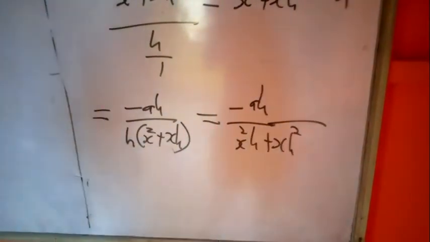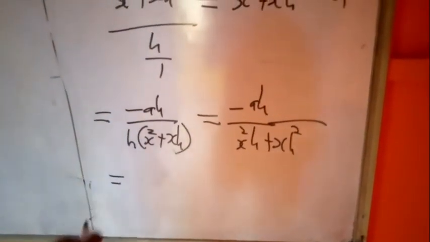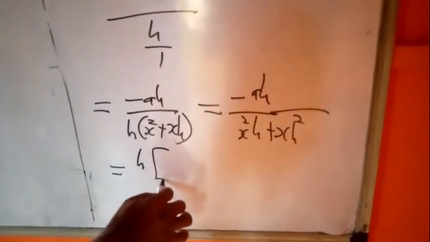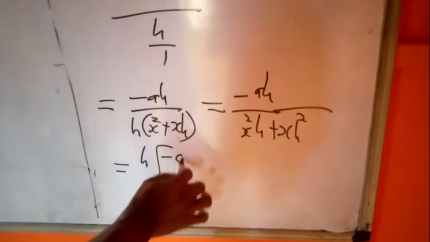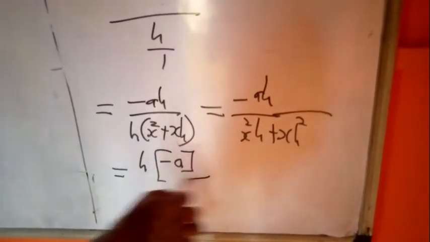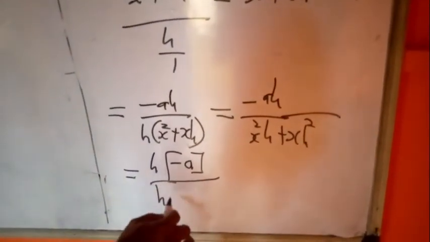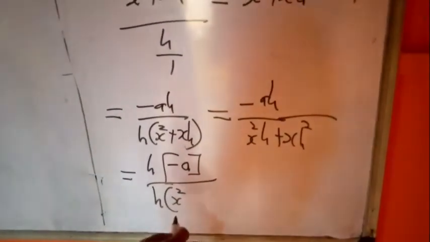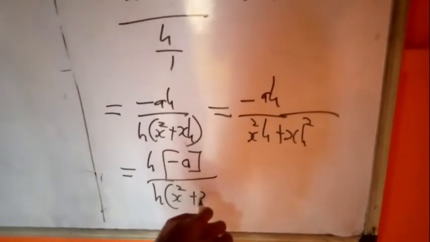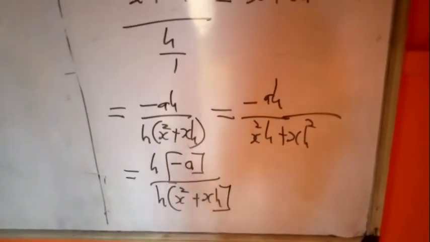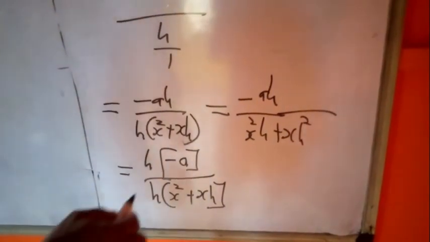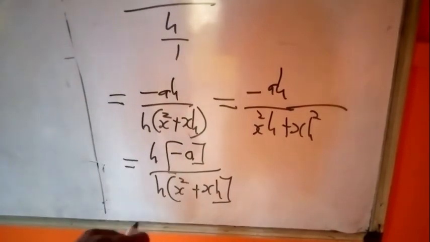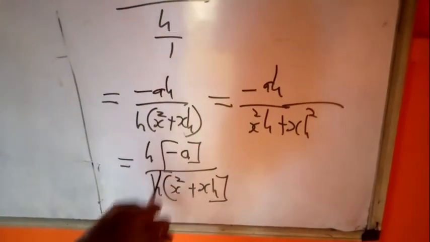So let's bring out h. It's equal to h into minus a over h into x squared plus xh. h will cancel h.